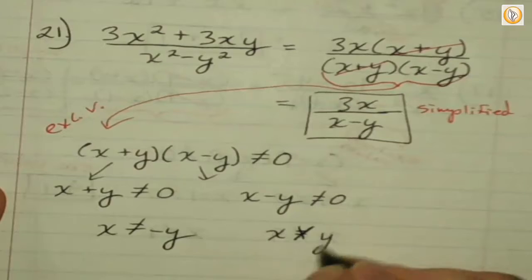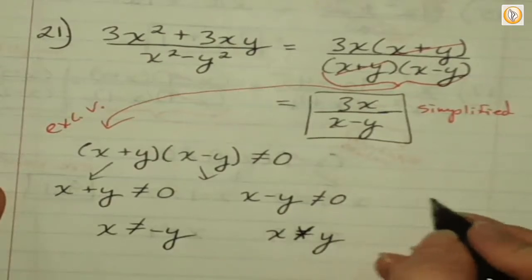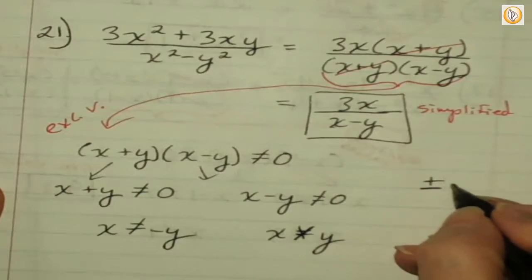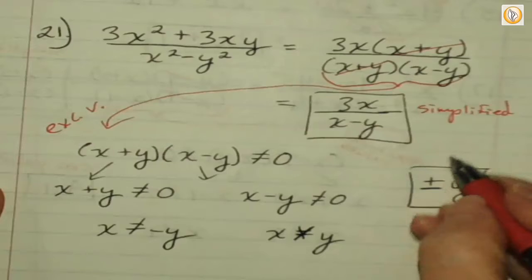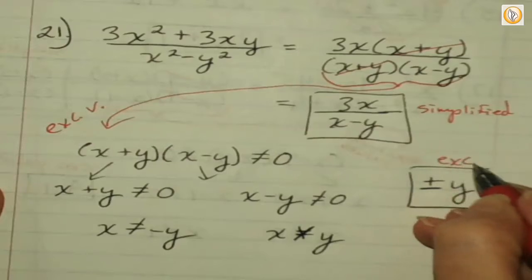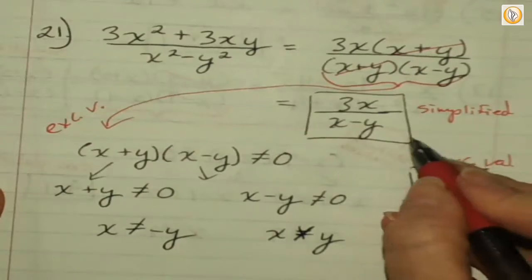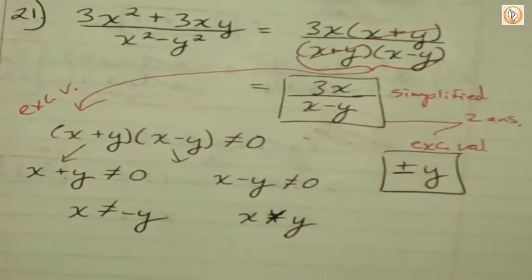So then your answer is x cannot be positive or negative y. There's my 2 answers. Any questions?